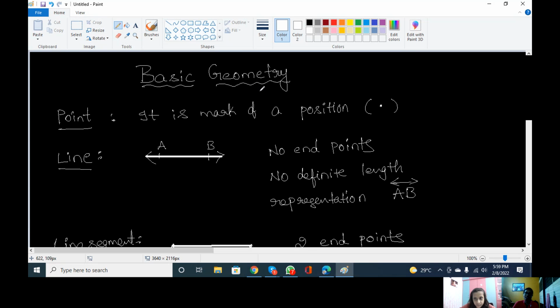An astronomer who wants to travel to space needs geometry because he needs to measure the distance from the earth to the other satellite, and the speed, everything. So geometry is a branch of mathematics. It deals with different terms like point, lines, angles, surfaces, curves, and shapes, etc.